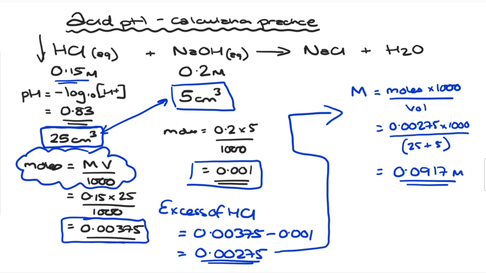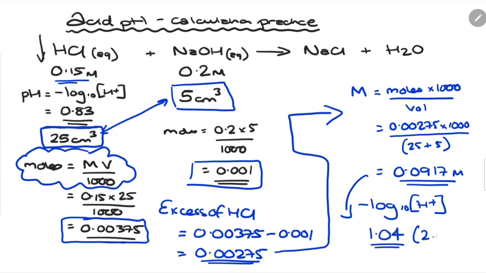So both of those factors lead to a decrease in the concentration value, which now means that if we introduce this into our minus log base 10, again, assuming that HCl is a strong acid and completely dissociates its H+ ions, this will then lead us to a pH of 1.04, rounded to 2 decimal places.